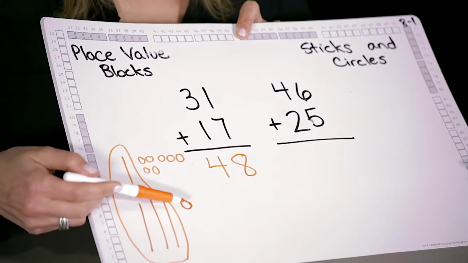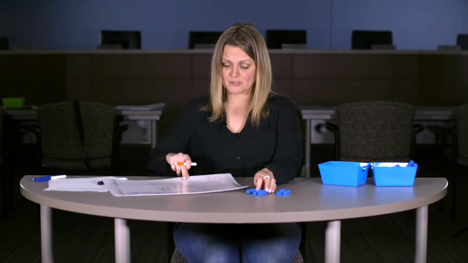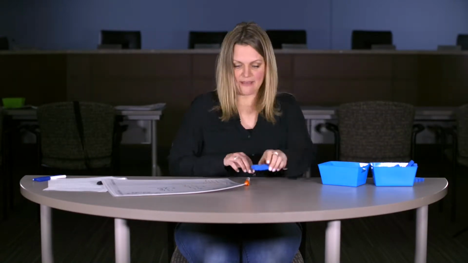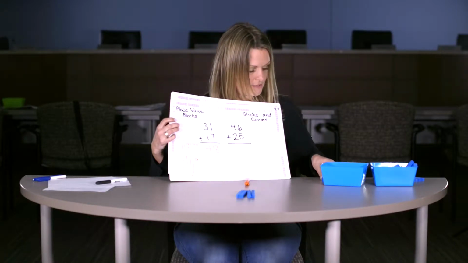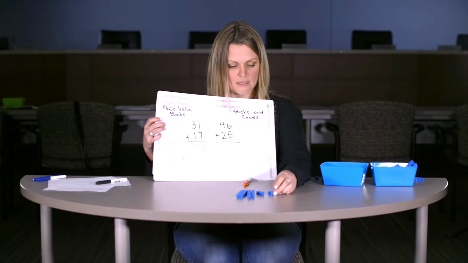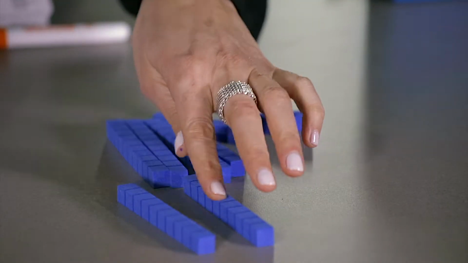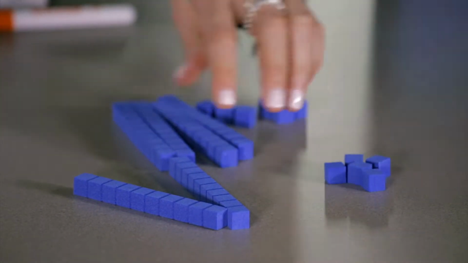In this problem, they're going to have to group their 1s to make a 10. I'm going to show you first what it's going to look like with the place value blocks. So here we have 46, and then here's our 6 1s plus 25. So then we have 2 more 10s, 10, 20, and then our 5 1s.